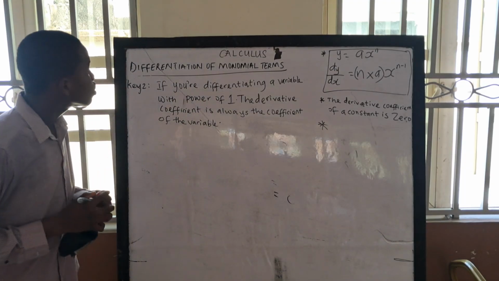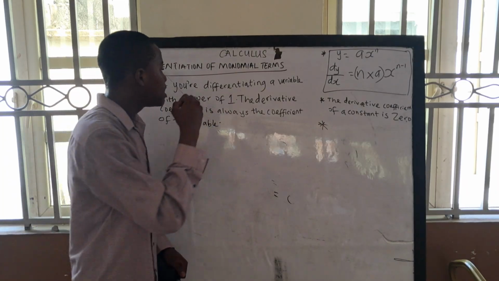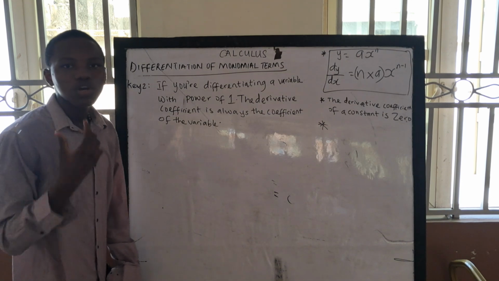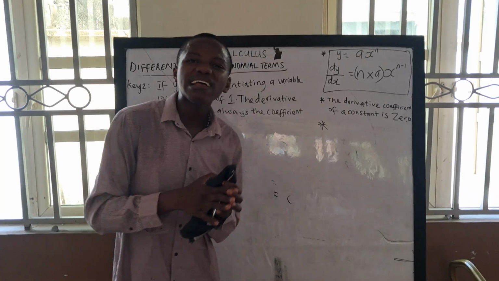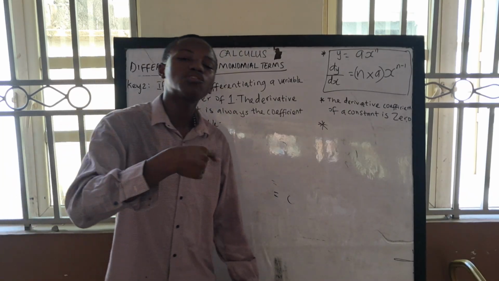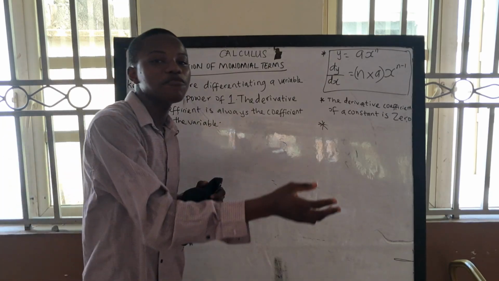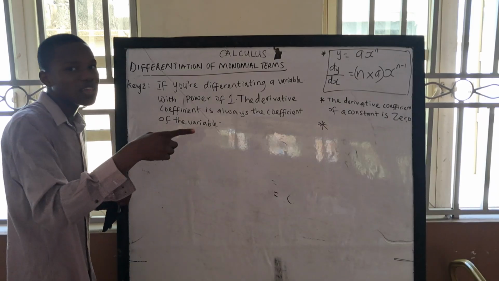What do I mean by this statement? Anytime I'm differentiating a variable that has the power of 1, that's any variable with power of 1, when I differentiate that variable, my result will be the coefficient of that variable.